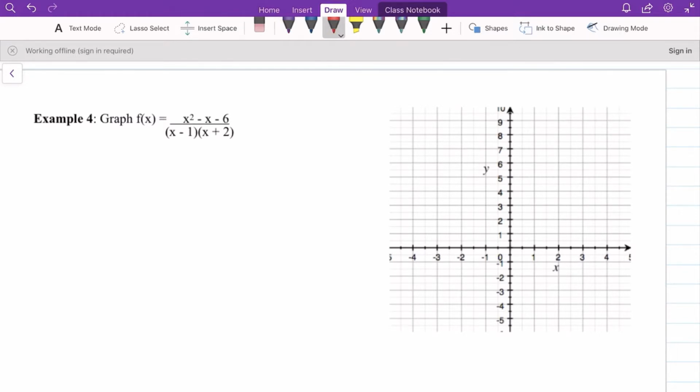Let's say I had a vertical asymptote right here at x equals 2, and a horizontal asymptote right here at y equals 3. Let's change the color a little bit. Let's create a y-intercept at (0, 4), and an x-intercept at (3, 0).